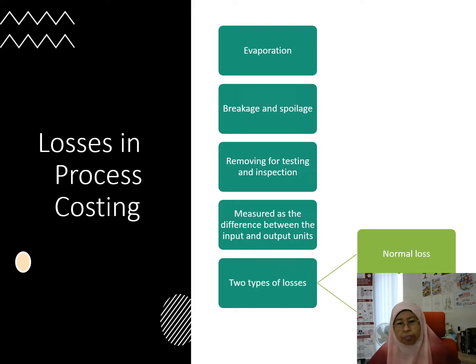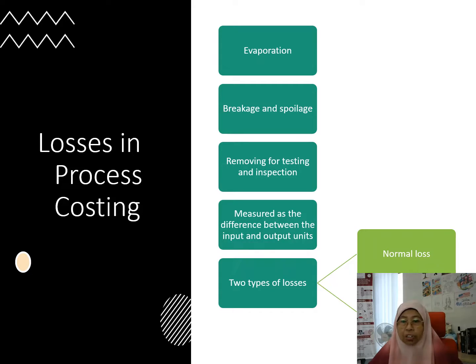Sometimes losses may be incurred in process costing. Among the reasons for losses are, number 1, evaporation, which is due to the natural environment or natural situations that make losses occur.